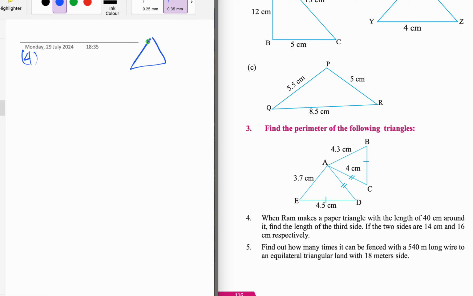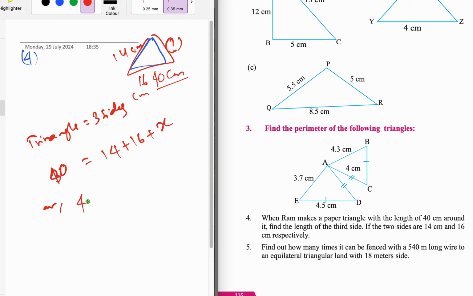One side is 14, another side is 16, the third side is x, we suppose, and the total is 40. So 40 equals 30 plus x, therefore x is 40 minus 30, so 10 centimeter is the answer for the 4 number question.